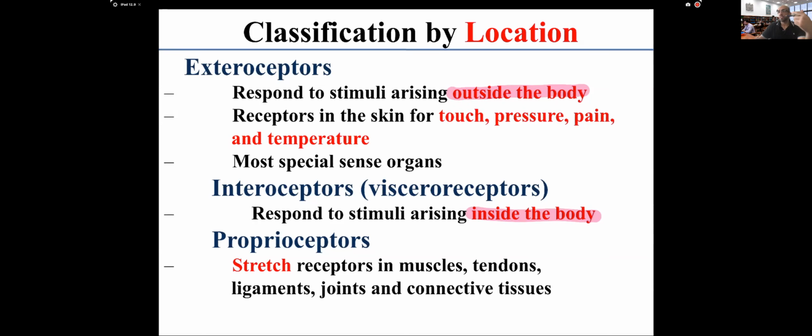Would I consider this as something from outside or something from inside? So we decided it's confusing. So we decided to give it another category, and this is going to be the proprioceptors. And again, proprioceptors, those are the receptors detecting stretch of the muscles, tendons, ligaments, joints, and connective tissue.